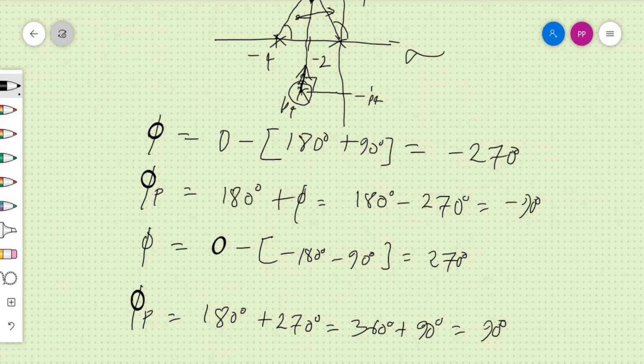Similarly, once we find out the departure from all the poles and arrival at all the zeros, we can proceed further to find out the breakaway point of the root locus branches. So let us see. We consider this as rule 7.